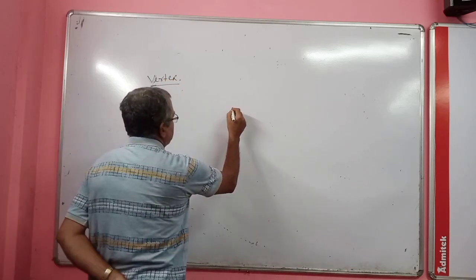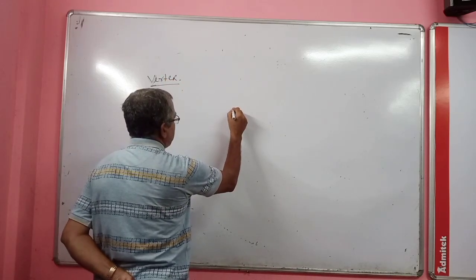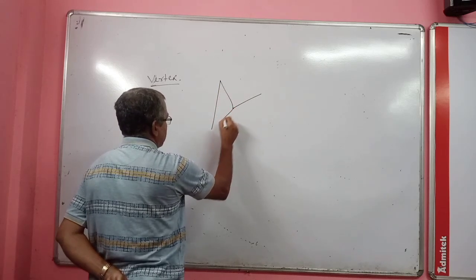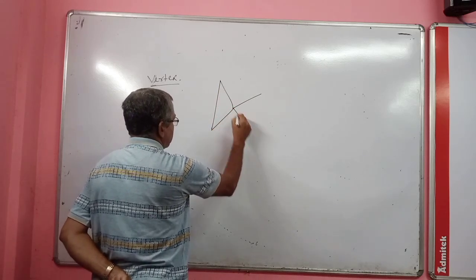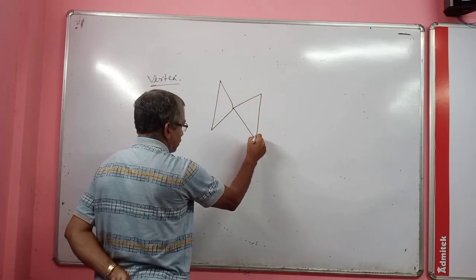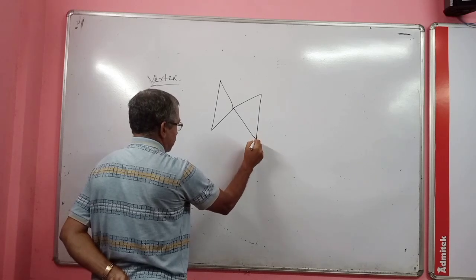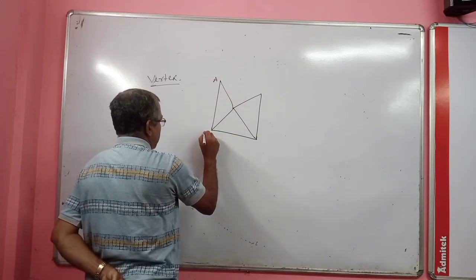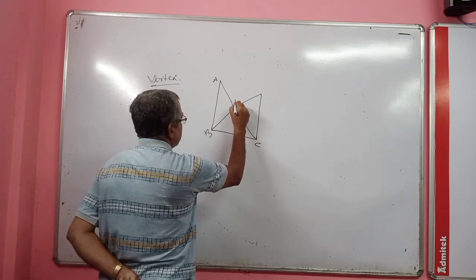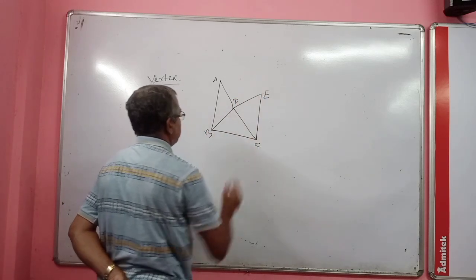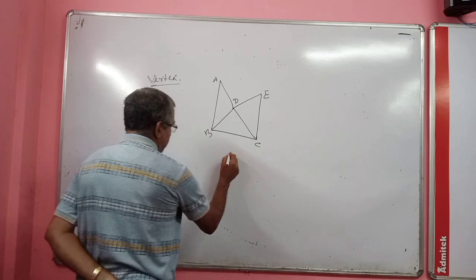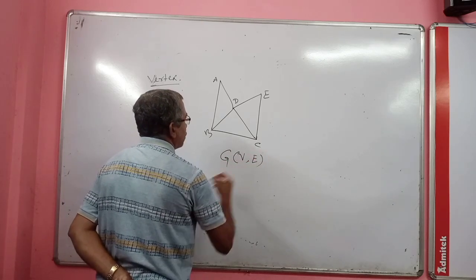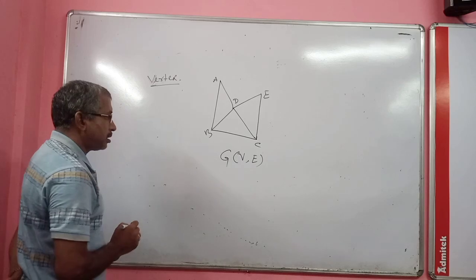Suppose this is a graph with vertices A, B, C, D, E. This is a graph G(V, E). V is the vertex set, E is the edge set.